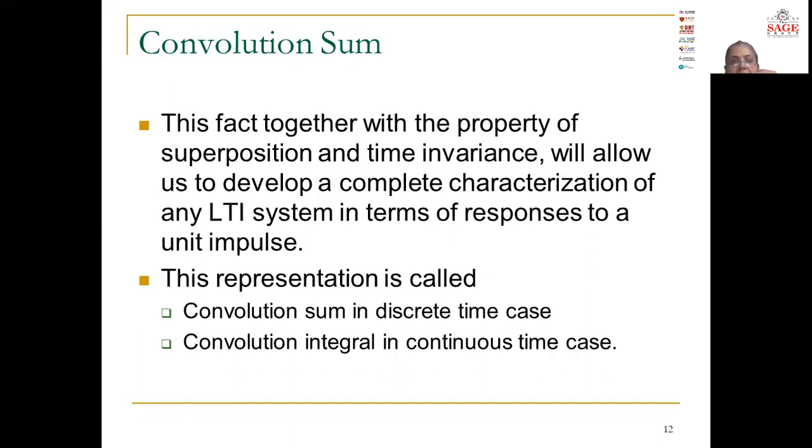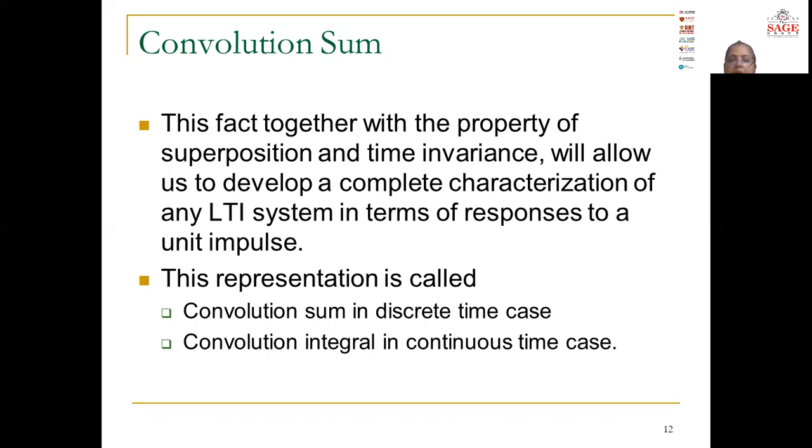Now when we talk about the impulse response, the most important property arises, which is known as convolution. This fact, together with the properties of superposition and time invariance, allows us to develop a complete characterization of an LTI system in terms of its response to a unit impulse.